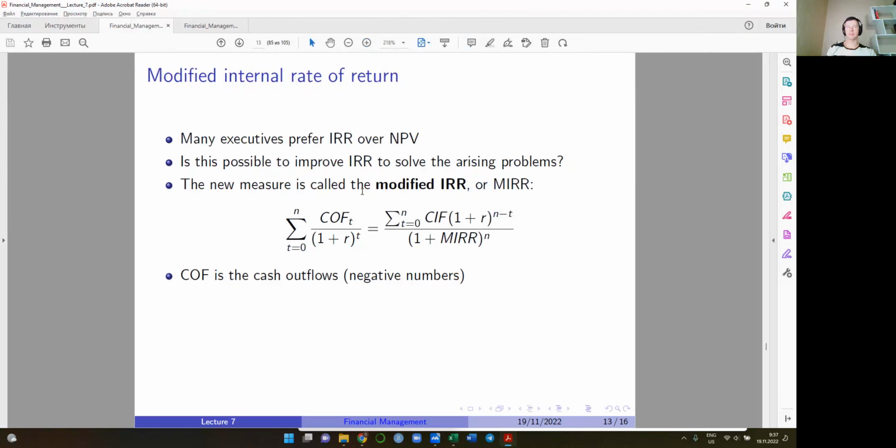Everything that we have as negative numbers, we take to the left-hand side of this expression and compute present value. CIF are cash inflows, positive numbers. So everything with positive numbers goes to the right-hand side, and this is the future value.